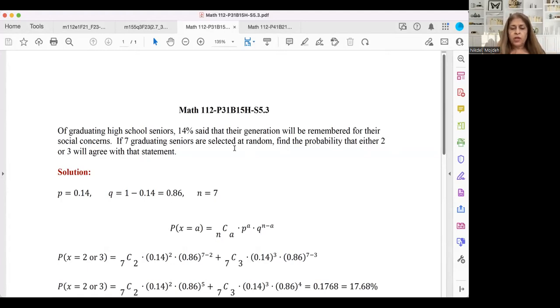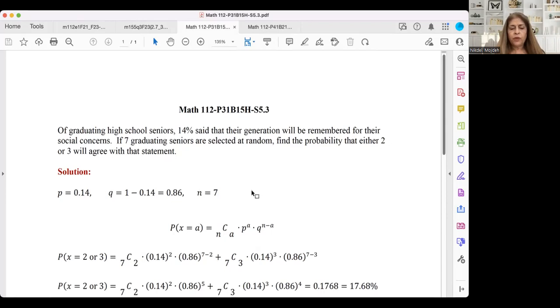So success is that the graduating high school seniors are remembered for their social concern. Failure is the opposite of that, not remembered for their social concern. So p is 14%, 0.14. q is 1 minus 0.14, which is 0.86.